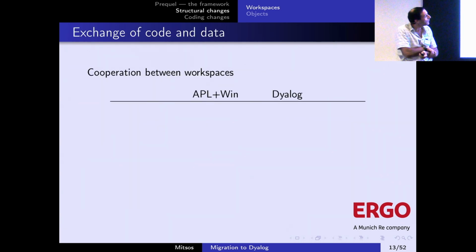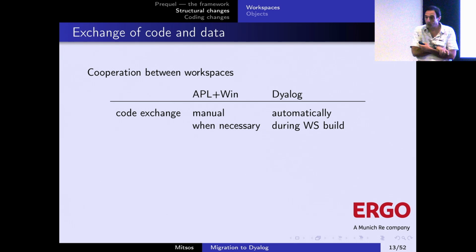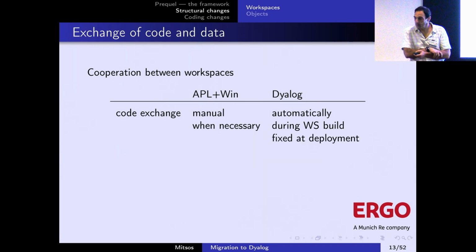Cooperation between workspaces on the level of code and data. In APL+Win, I always copied objects manually when it was necessary, and kept track in my mind what I have to do where and when. In Dyalog, it's been done automatically during workspace build, and it's fixed at deployment.